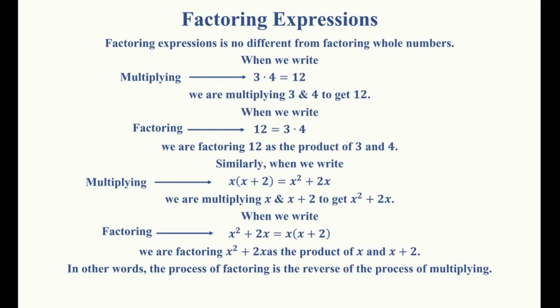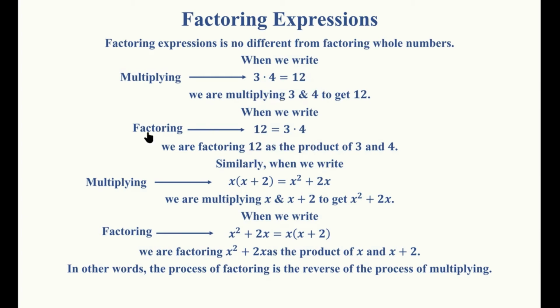So now we actually get to the part where we're going to be factoring expressions. So what is the whole process of factoring and what does it mean? Well, it's basically taking any number or any expression and writing it as a product. When we go 3 times 4 equals 12, here we're multiplying. If we take the same equation and write it as 12 equals 3 times 4, we have done what's called factoring.